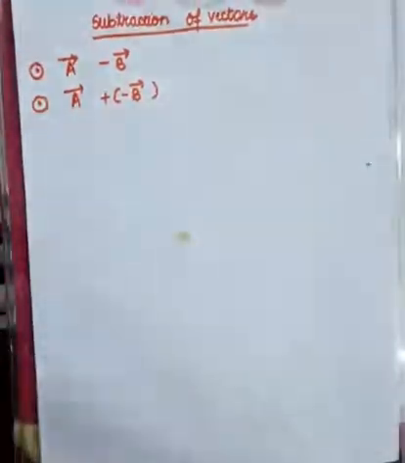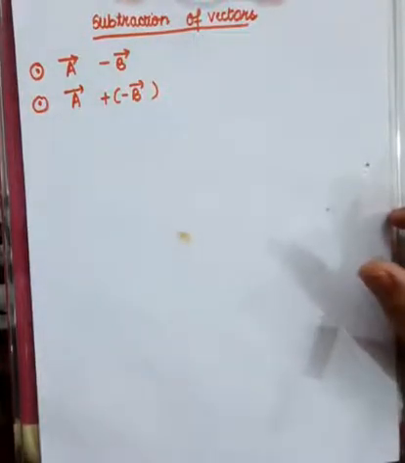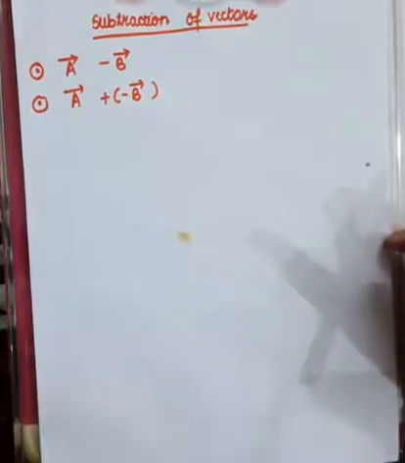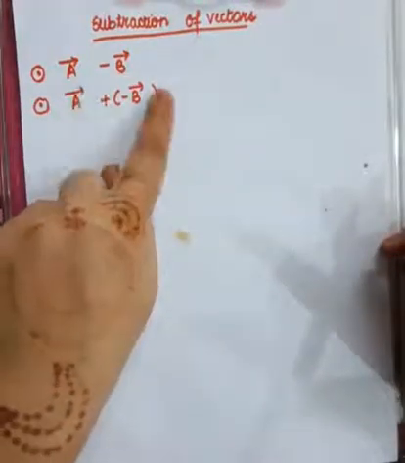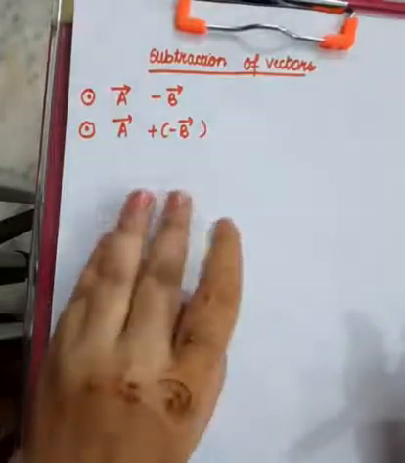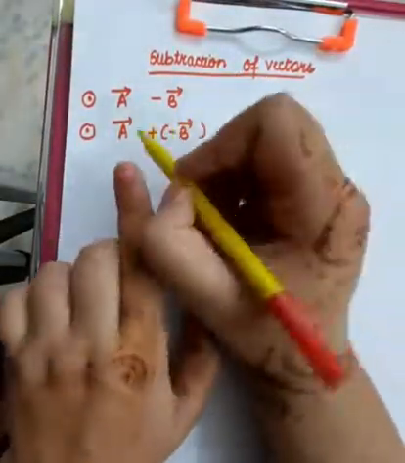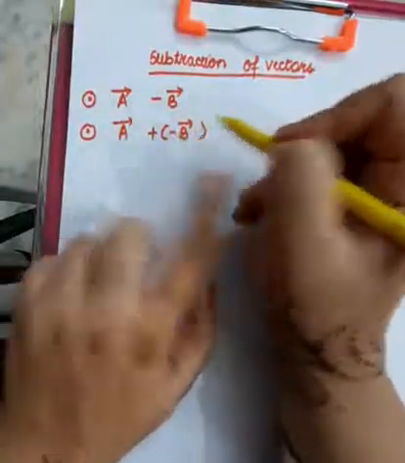But since we don't know anything about the algebra which goes for subtraction of vectors, but we know each and everything regarding vector addition, we will convert this problem to the problem of vector addition. How? See, we can write A vector minus B vector as A vector plus minus B vector.